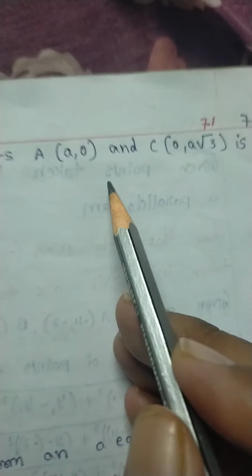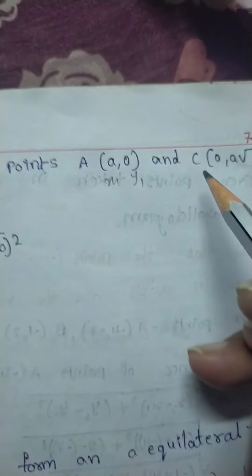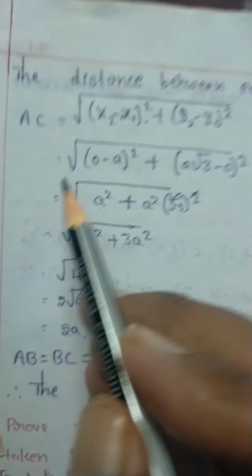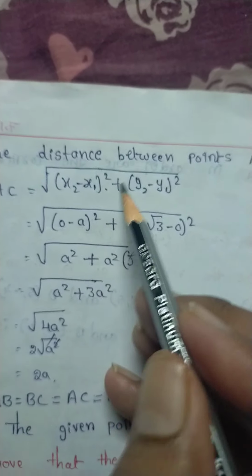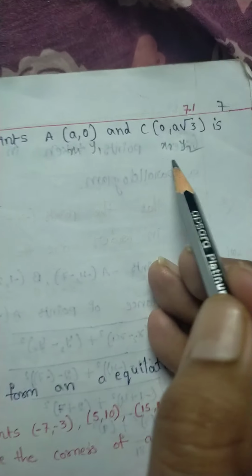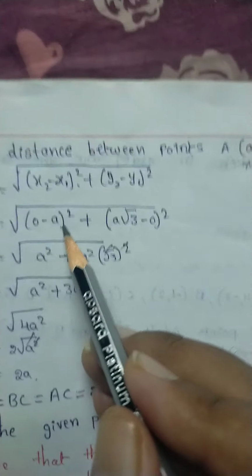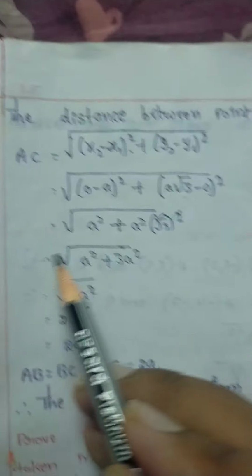The distance between points A and C, here x1, y1 and x2, y2. AC equals the square root of (x2 minus x1) whole square plus (y2 minus y1) whole square. x2 0 minus x1 a... whole square plus (a root 3 minus 0) whole square.